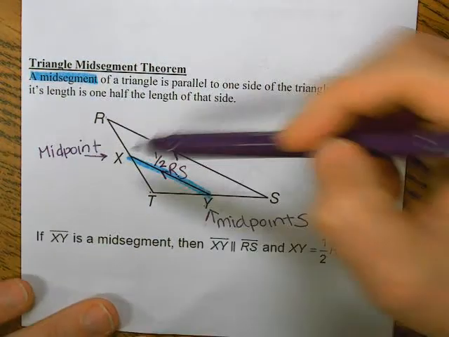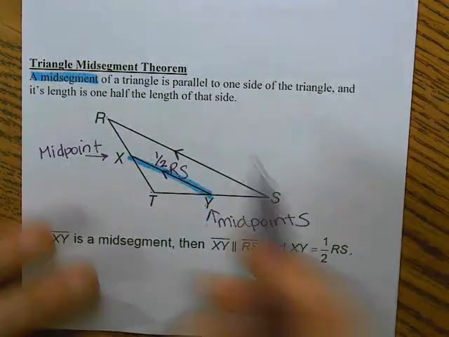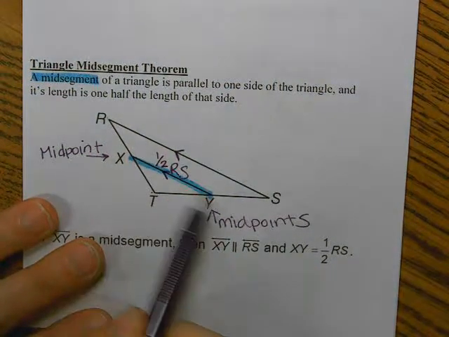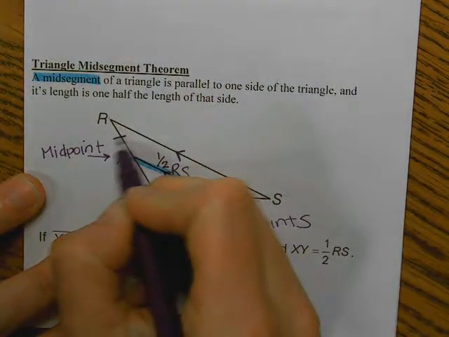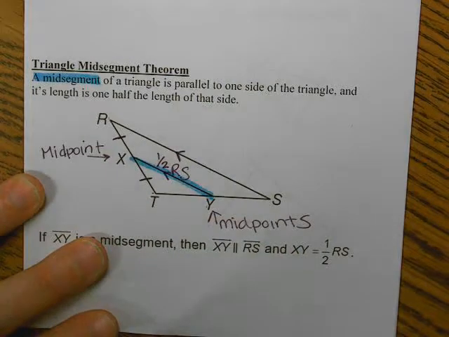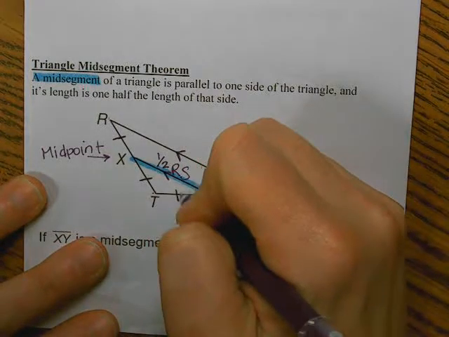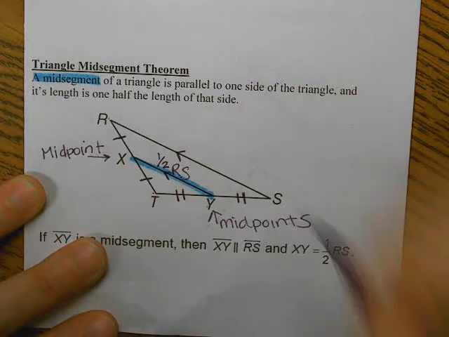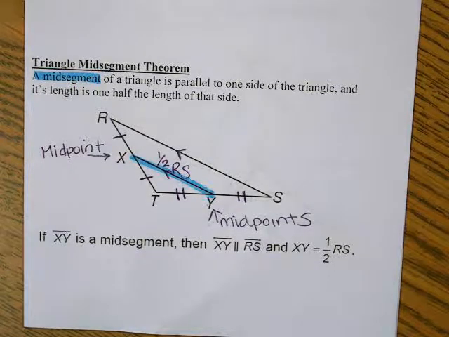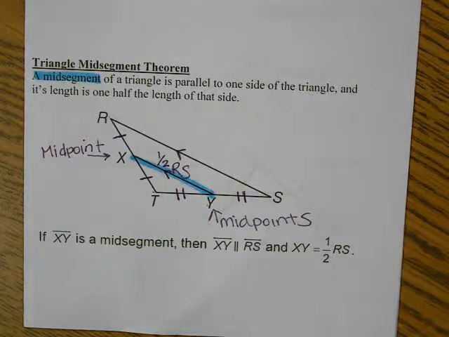So a midpoint means that it cuts it in half, right? So this midsegment right here has now made this segment congruent to that segment, and this segment congruent to that segment. Okay? So if they say something is a midsegment, that gives you a lot of clues about your problem.